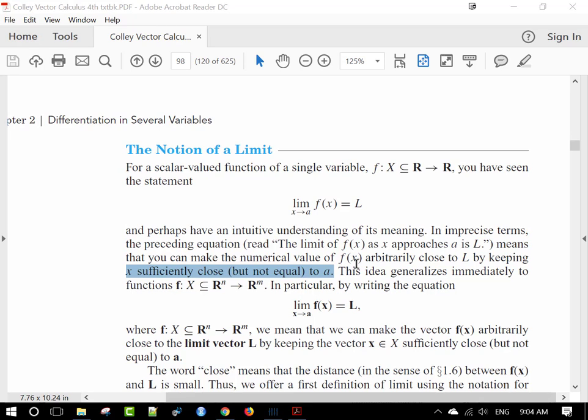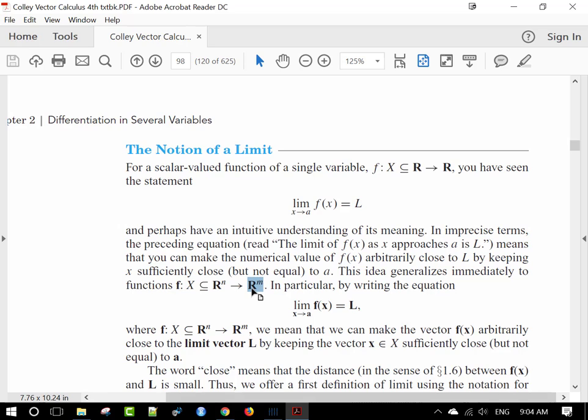So with that idea of limit, we can generalize it to a function like this, and we'll write something like this, compare with this. And this is a vector, and this is a vector. We're saying that we can get as close as we want to a given output L in this space, because f's output is in this space.